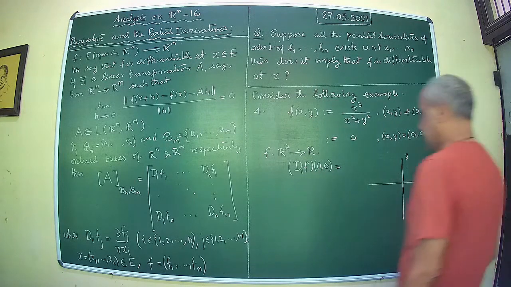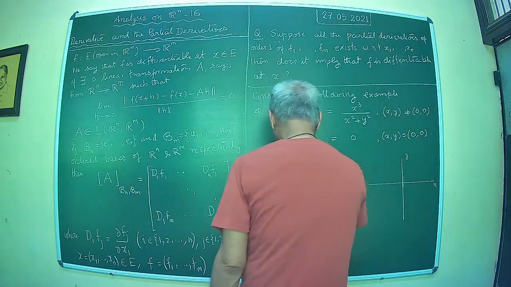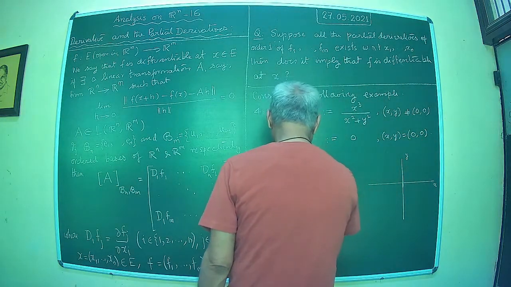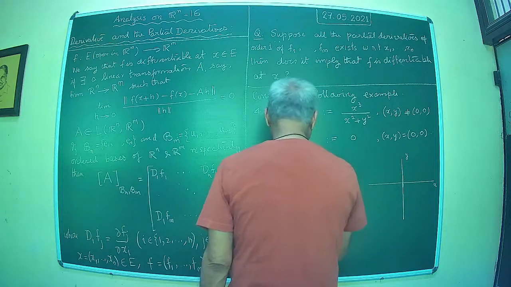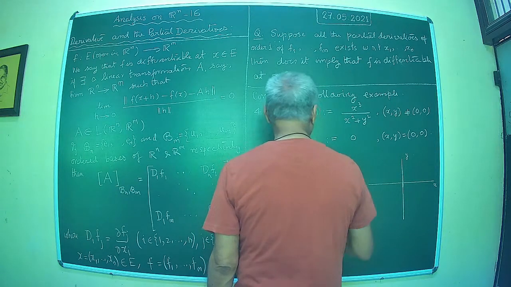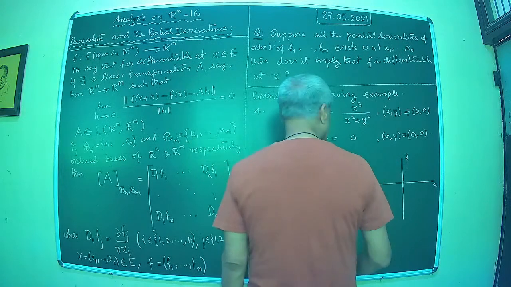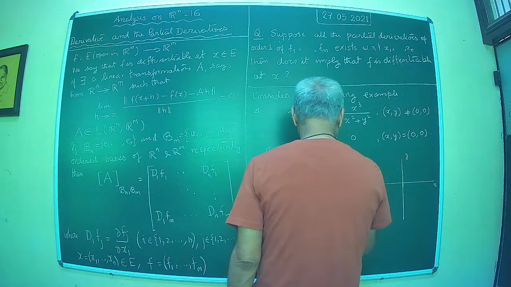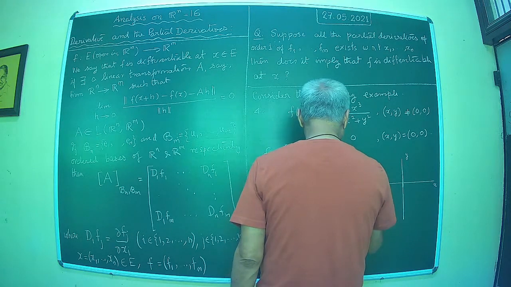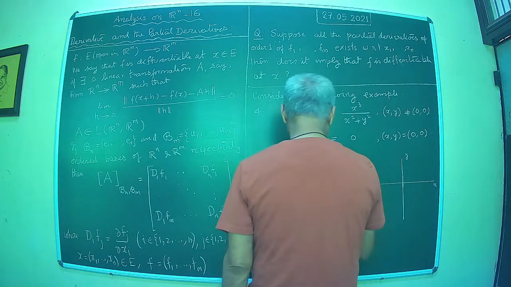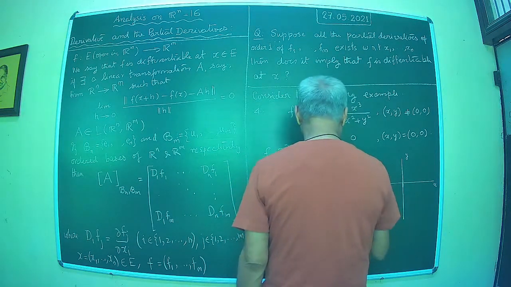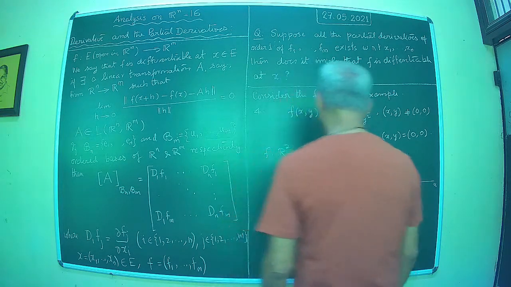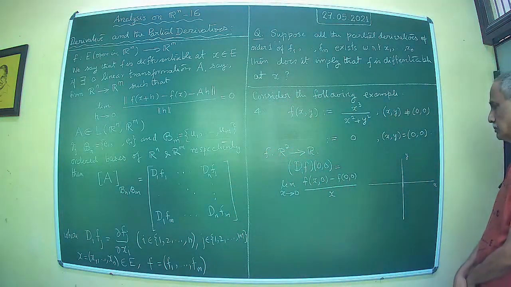So this is essentially the limit as x tends to 0 of f of (x, 0) minus f(0, 0) divided by x.